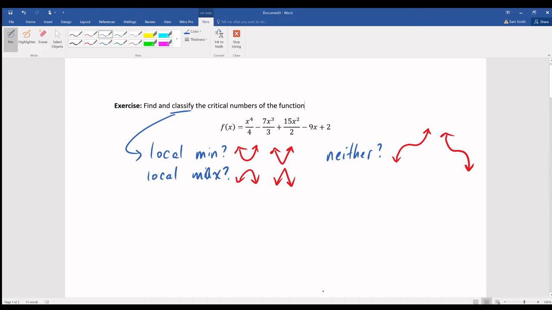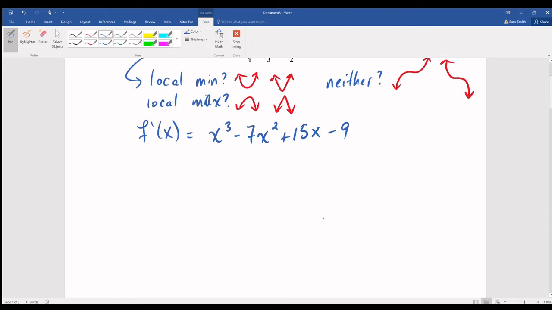Now, this process begins, of course, by finding out what those critical numbers even are. So let's go ahead and calculate the first derivative of this function using the power rule all the way through. 3x cubed minus 7x squared plus 15x minus 9, and the derivative of 2 vanishes.